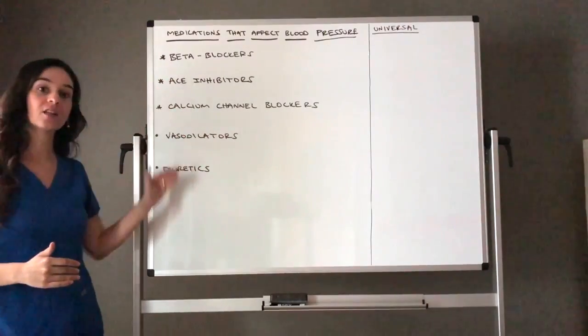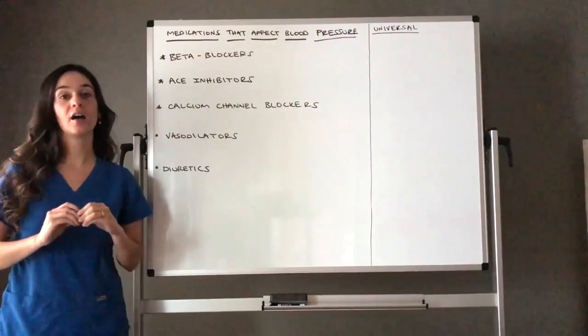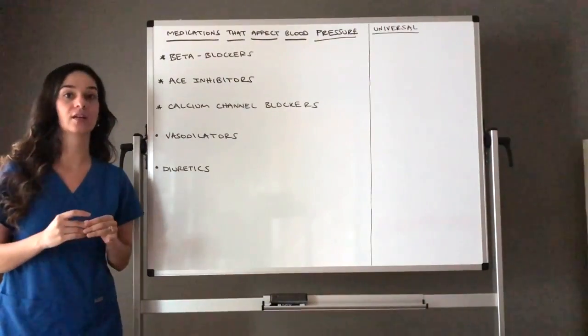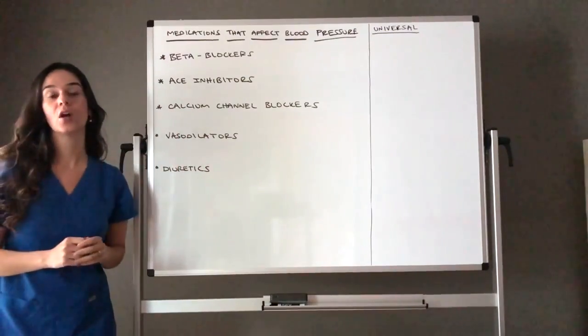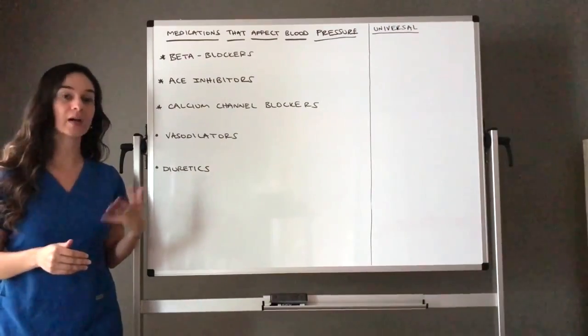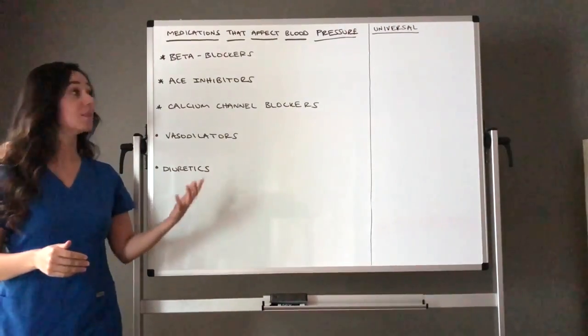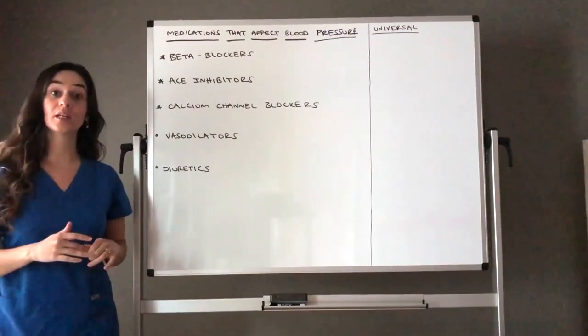And then on this side of the board, we go into specific details related to each drug class. For instance, beta blockers and calcium channel blockers. You have to check an apical pulse for 60 seconds prior to administering the medication, because both of those drug classes can decrease the heart rate or cause bradycardia.